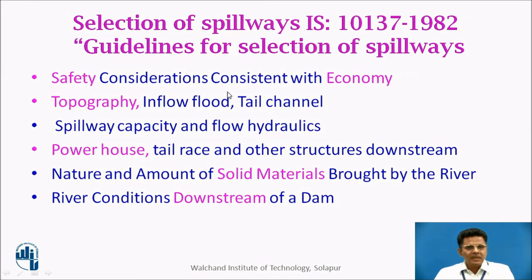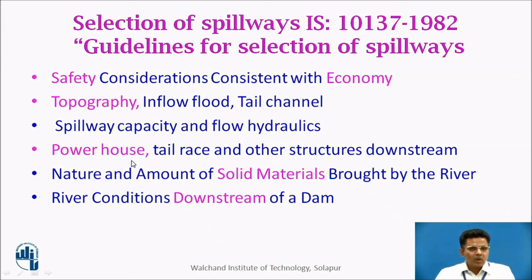So let us discuss the selection of spillway, the guidelines given by Indian standards. The spillway should be safe as well as economical. It should match with the topography, inflow, flood, and it should take into consideration the tail channel conditions. The spillway capacity and the flow hydraulics also matter.